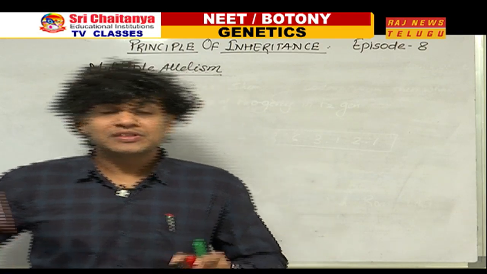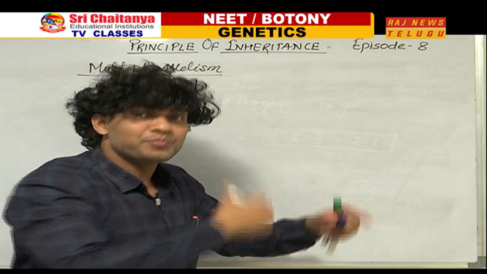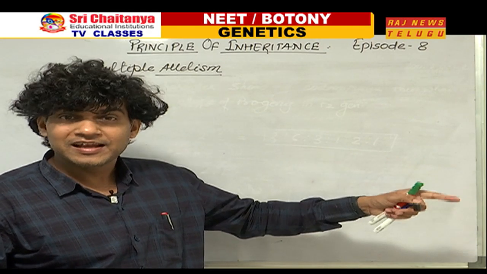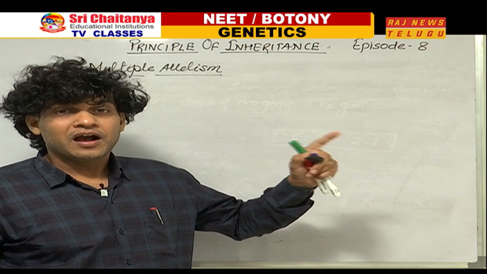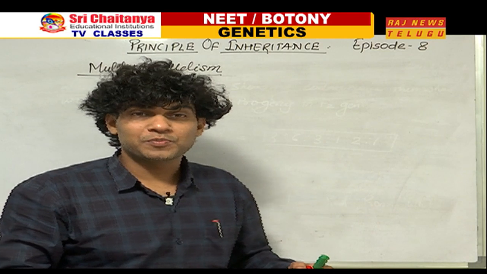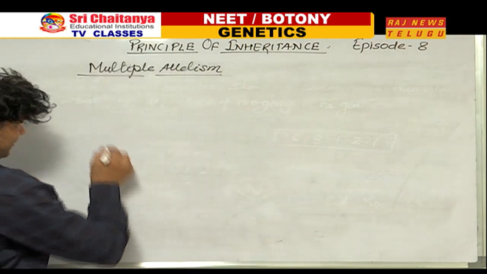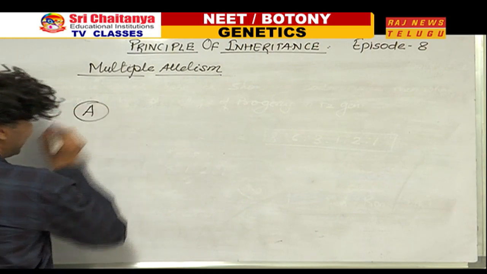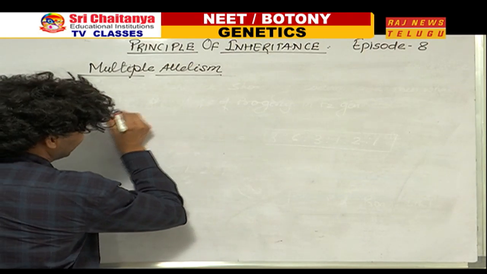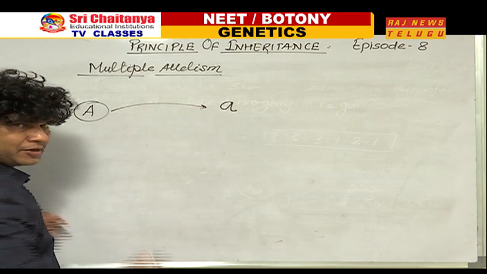Now when that gene goes through the process of mutation, either silent mutation or missense mutation or nonsense mutation, then it gives rise to the modified allele, and if that modified allele produces a non-functional enzyme or does not produce any kind of protein product, then we recognize that one as a recessive. So suppose this is the wild allele, and if it goes through mutation it gives rise to another variant. Then there are two variants of the gene.